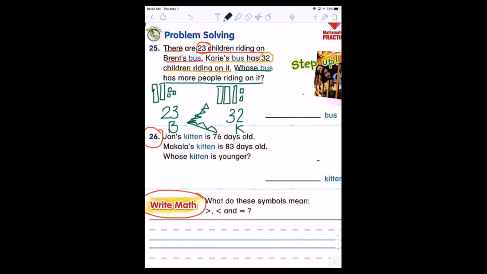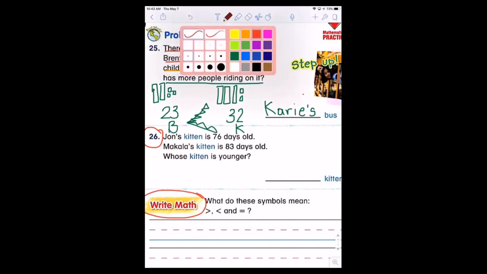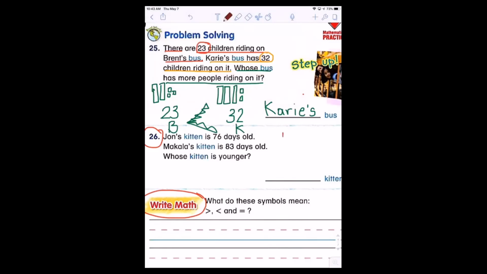So right here, I write Carrie. Okay, Carrie's bus has more children. Okay, so for homework, you have this one here, the ones that I circled with red, 26, and then the one on the bottom, the writing.